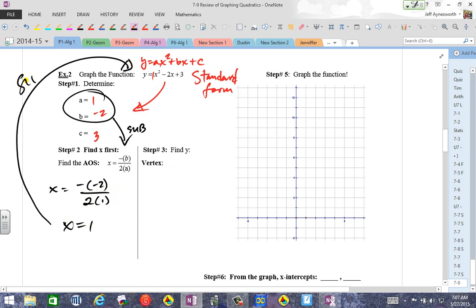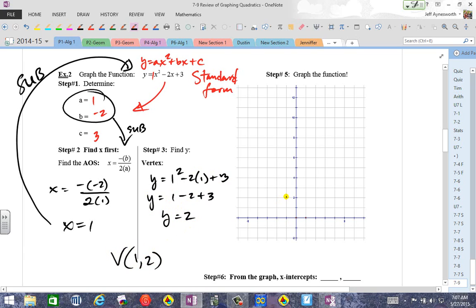That's how you always find y, you substitute it back. So y is equal to 1 squared minus 2 times 1 plus 3. So 1 minus 2 plus 3, what's that? Negative 1 plus 3 is 2. So y equals 2. So the vertex is 1 comma 2.